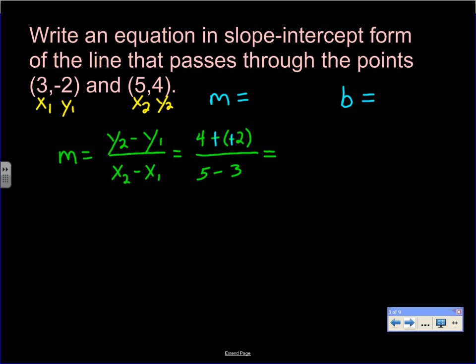So 4 plus 2 is 6. And on the bottom, 5 minus 3 is going to be 2. And we know that we can reduce this. The bottom number 2 goes into the top number 6 3 times. So we have found the slope to be 3.